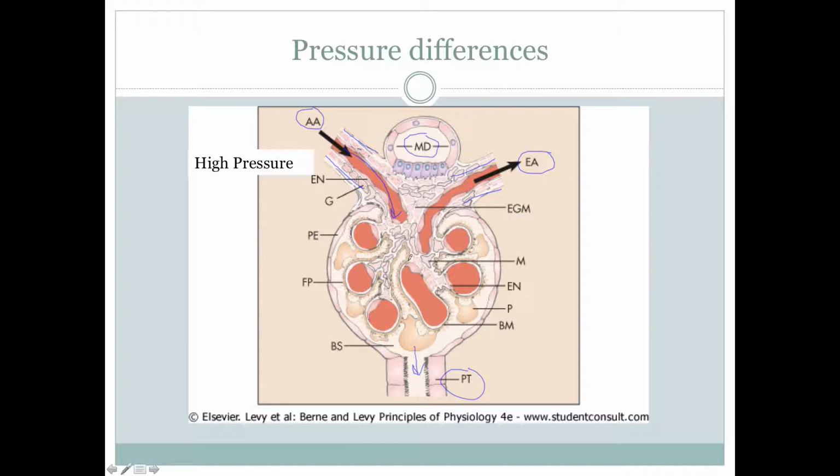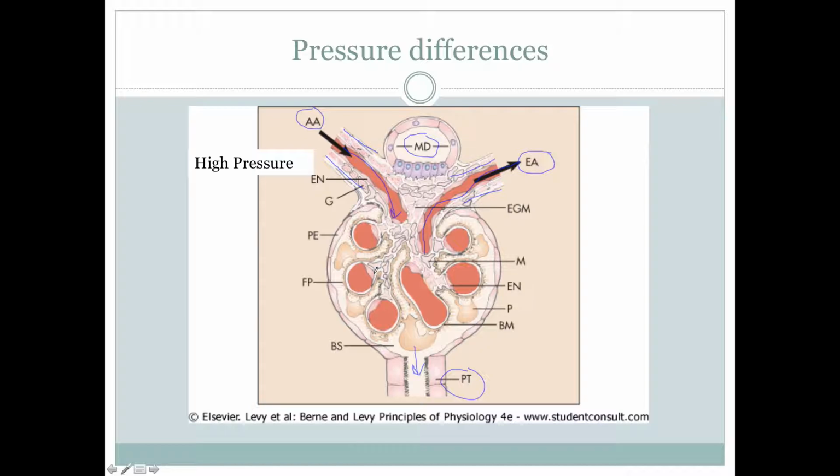Then the blood that is now empty of its filtrate, empty of the little products that have made it through those fenestrations, will leave through the efferent arteriole. It's kind of hard to see in this picture, but we'll see it in some other slides too.